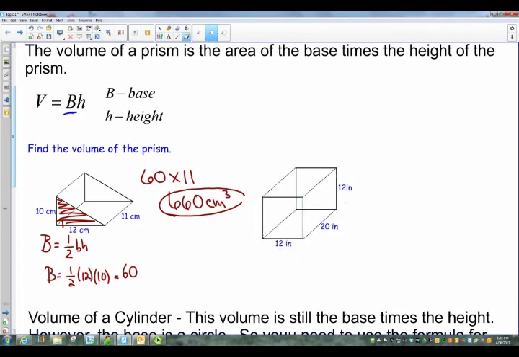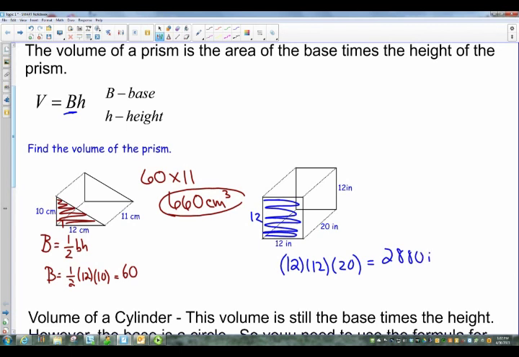So because of that, I'm just going to relabel this one over here 12 as well. So I'm going to use this front face and consider that my base. So my base for the prism would be 12 times 12, and then I multiply that by my height, which is 20. So you take 12 times 12 times 20, and you end up with 2,880. This is inches cubed, and there you go.